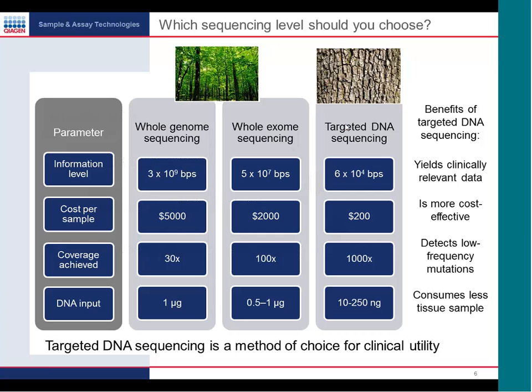In that case, driver mutations are generally present at very low mutation frequency, and to detect them you need more in-depth sequencing, which can be enabled only by targeted DNA sequencing. So that's another big advantage of targeted DNA-seq.